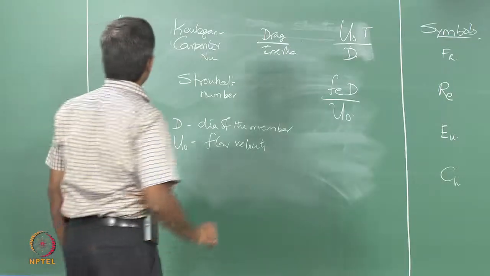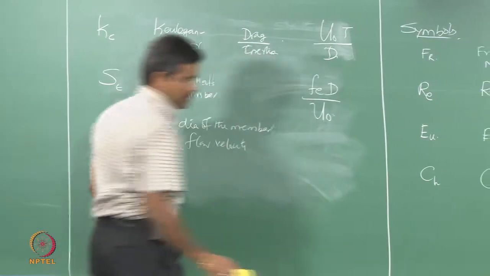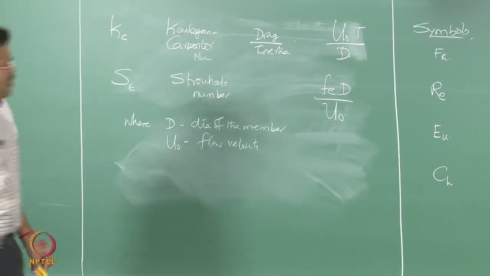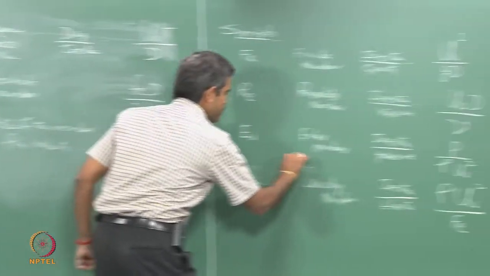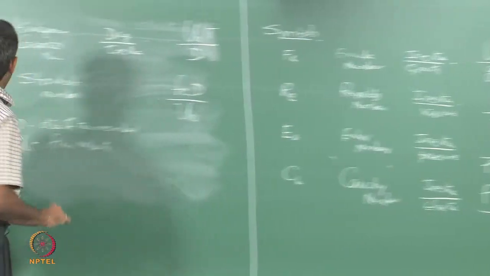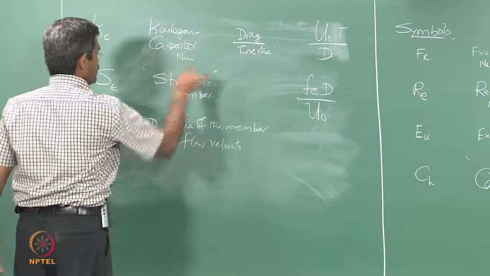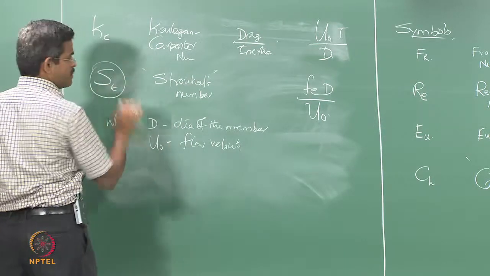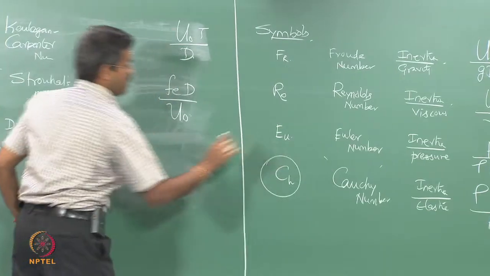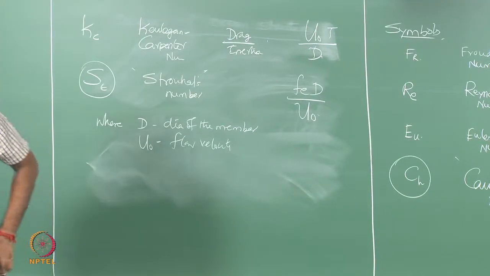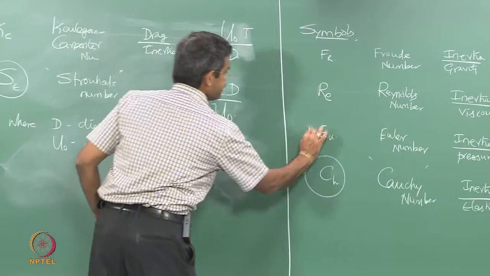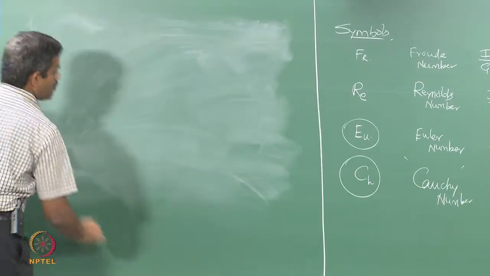Out of this, let us talk about these three numbers which are important for us. One is the Cauchy's number, or the Stokes number, Euler's number. Talk about Cauchy's number.